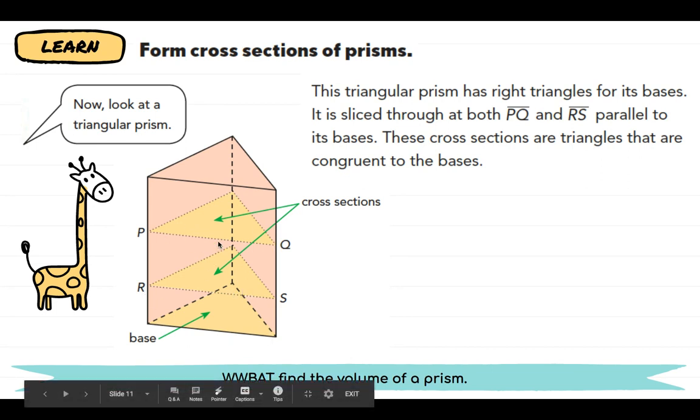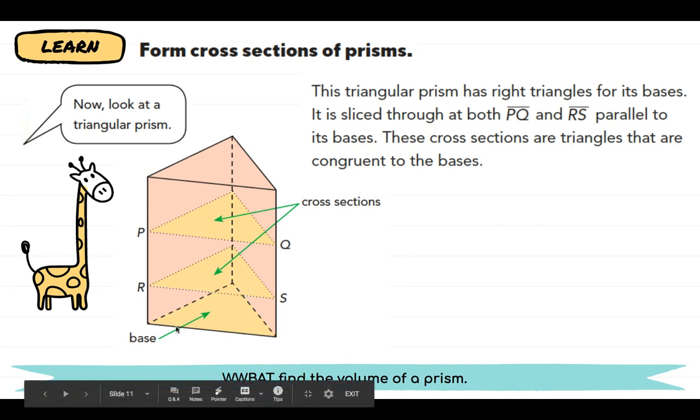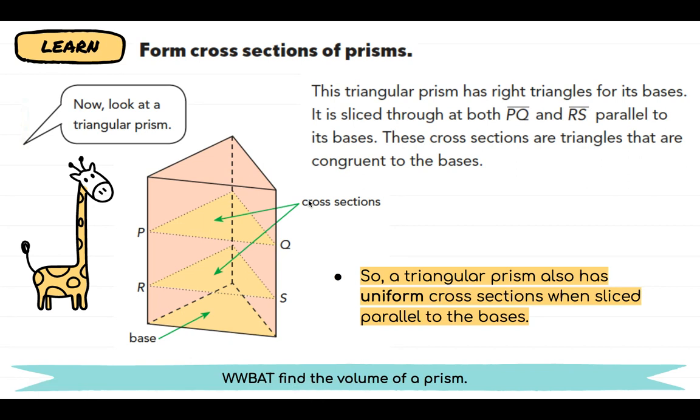If you look at the orange area, notice that the cut of this prism looks the same as the bases, both the one on the bottom and the one on the top. So a triangular prism also has uniform cross sections when sliced parallel to the bases. And uniform again means the same.